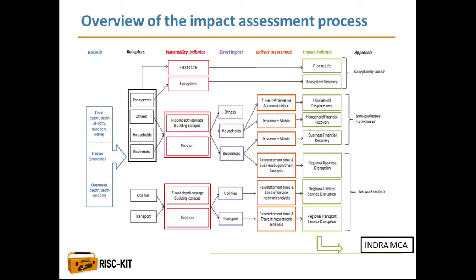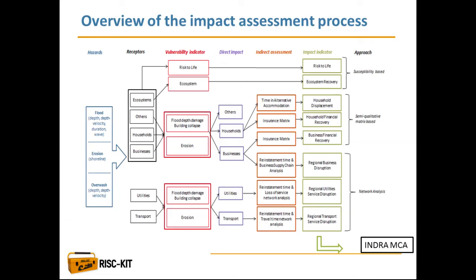Other indicators are derived from the direct impact using the semi-qualitative matrix-based approach. It's the case for household displacement, household financial recovery, and business financial recovery. For household displacement, time in alternative accommodation matrices are used to do the assessment.